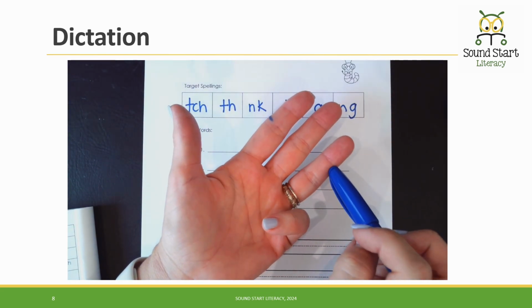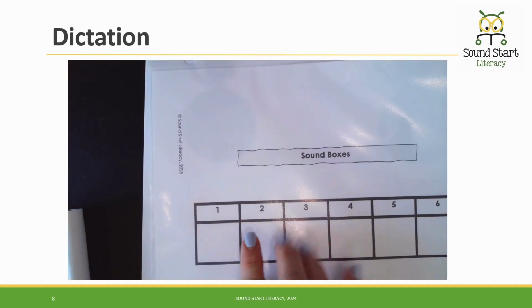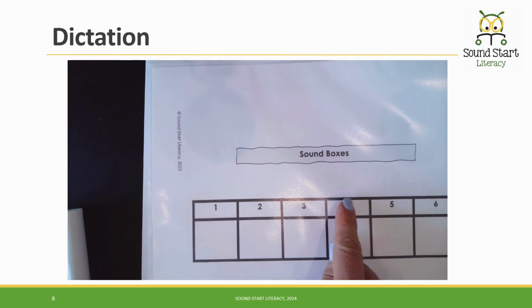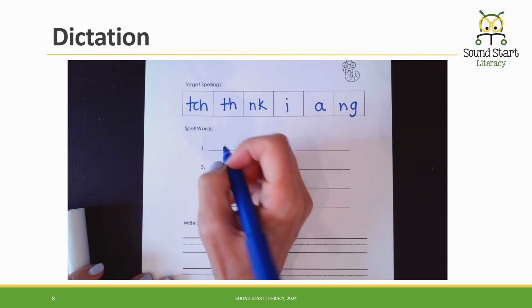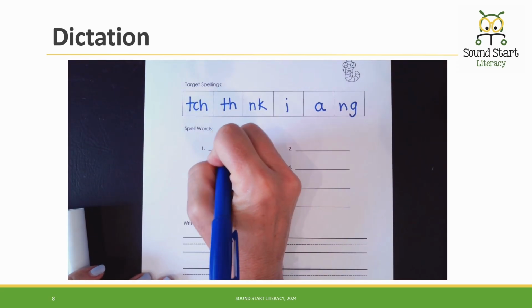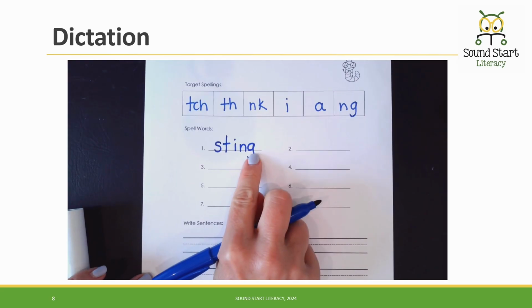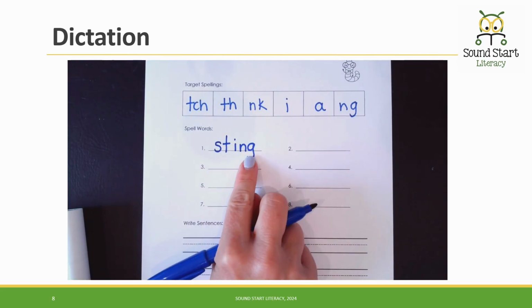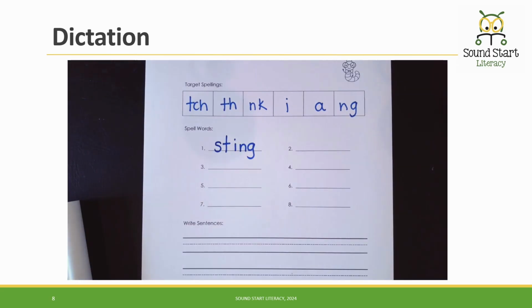So they can either use their fingers to spell, or if you want to have the sound box mat handy, you could have them tap it, s, t, i, or have them use tokens to segment. But you want them to segment first before they then say and write. S, t, i, and then read it back. Sting. Okay, so that's what you're going to give it to them in context, have them segment it, and then have them say and write the sounds. So that's what you'll do for all of the words.